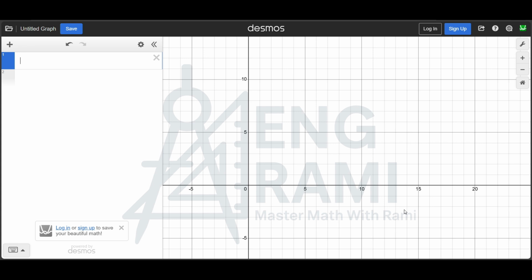We are now here in Desmos, the graphing calculator.